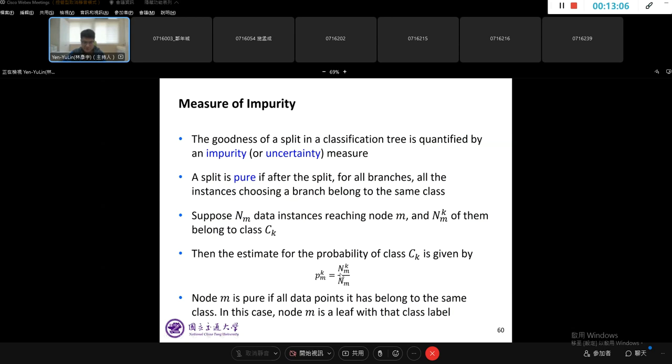So it is intuitive to define the probability of class k on this node m. P_mk is the fraction of data points belonging to class k in this node, so it is N_mk over N_m. This is the definition. Please remember that there are two indices: m is the index of the node, and k is the index of class.